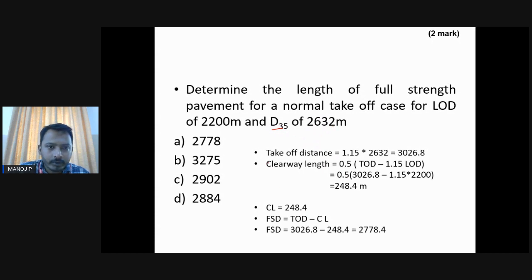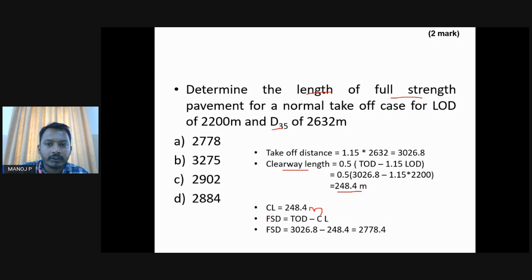Here they asked you to calculate the length of full strength payment for normal takeoff. In the earlier question they asked you to find out only the clear way length. First you will calculate the clear way length, in terms of meter.